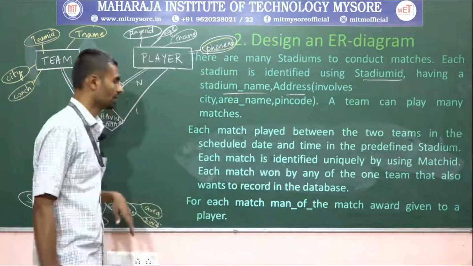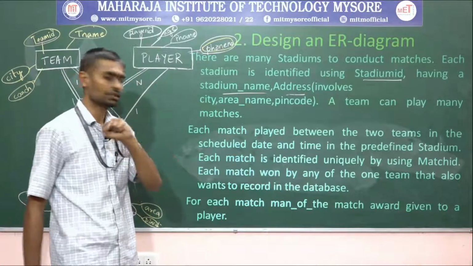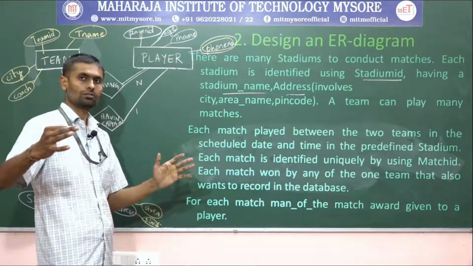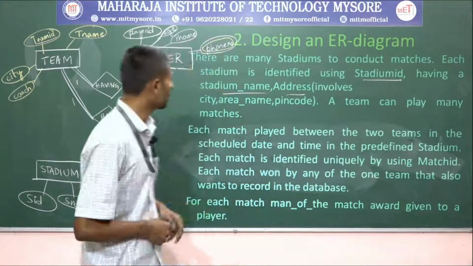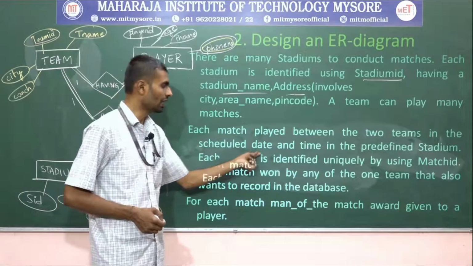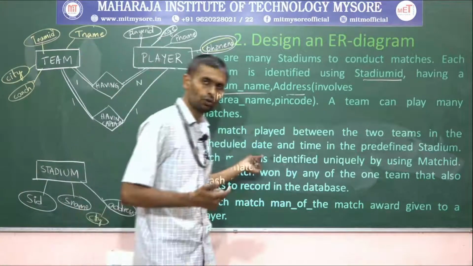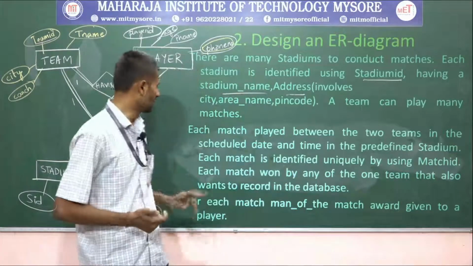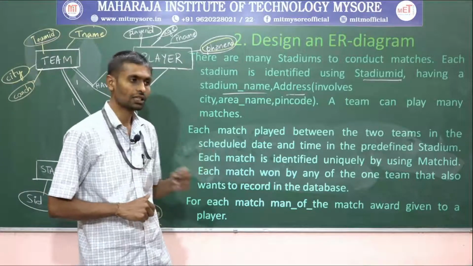Fine. Look at this one, guys. Each match is played between 2 teams. It's an indication that there could be many matches because a team can play many matches, and each match has a predefined date and time, that means the scheduled date and time when to conduct it. Then where to play, the stadium name, stadium details, stadium ID, that they also want to record with respect to a match.